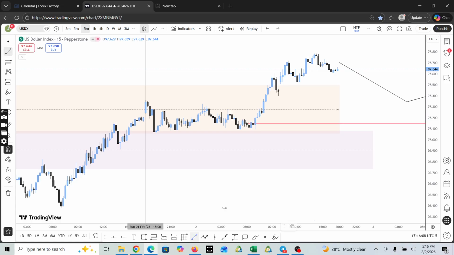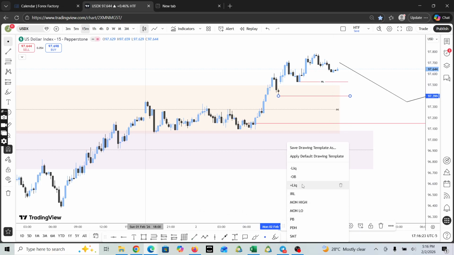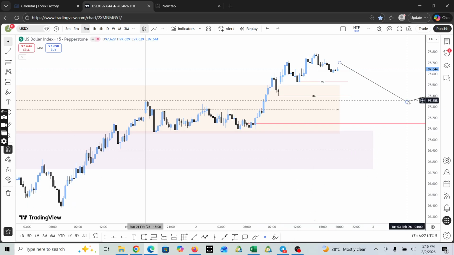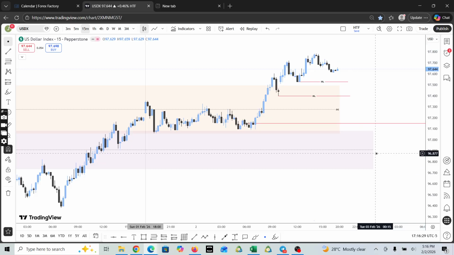we have this reduced levels, and then also we do have this one here, another one. So how should price behave?